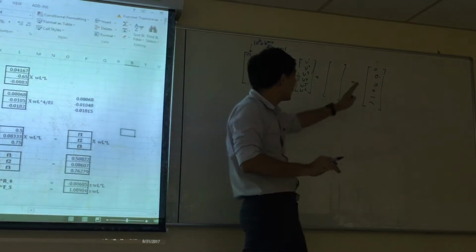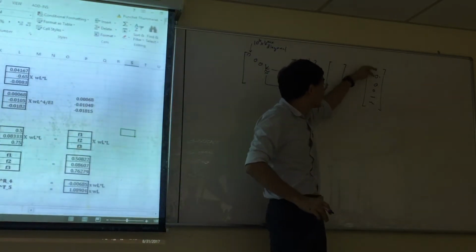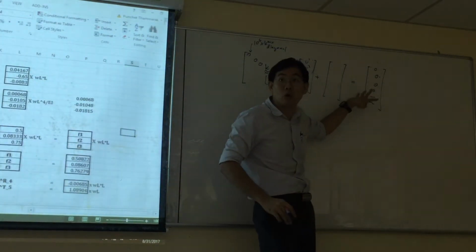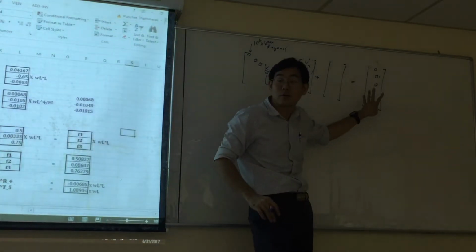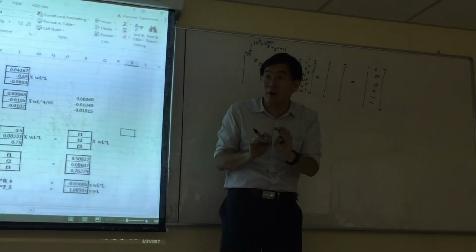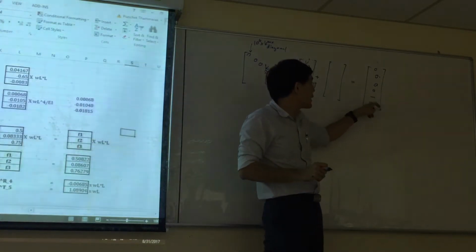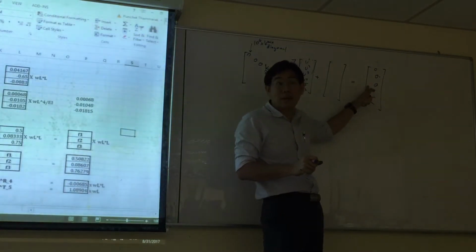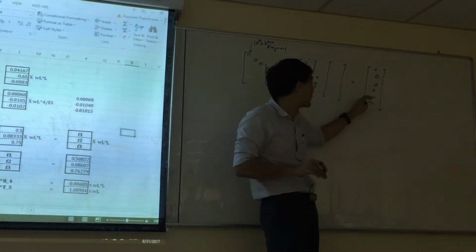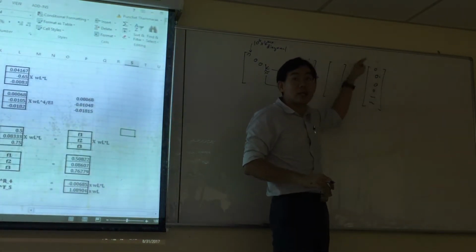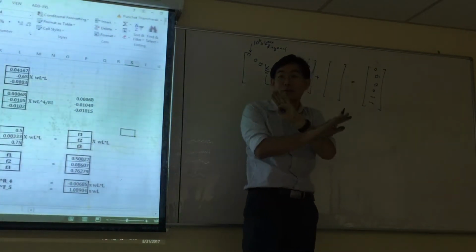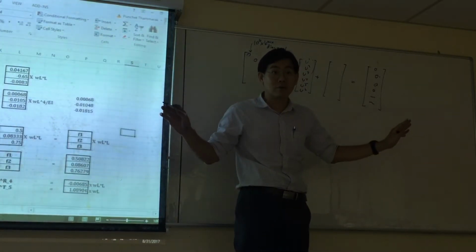This is how beautiful it is, because 0, 0, 0, and at the other points, you know the quantities. At the other points that are not supports, you know the force that is applied. So that will be the natural boundary conditions, where you know the force. So everything here on the right hand side is known.